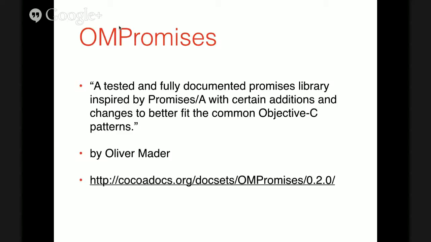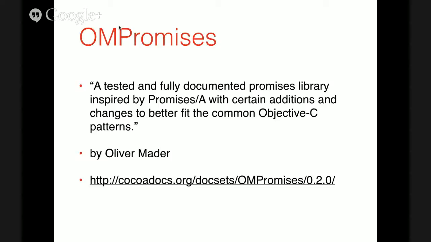You have multiple libraries which implement this pattern. The most popular one is, I think, PromiseKit. We'll cover another library here, which is OMPromises. You also have libraries besides that. Some are very old, but these ones are fresh and very well implemented.